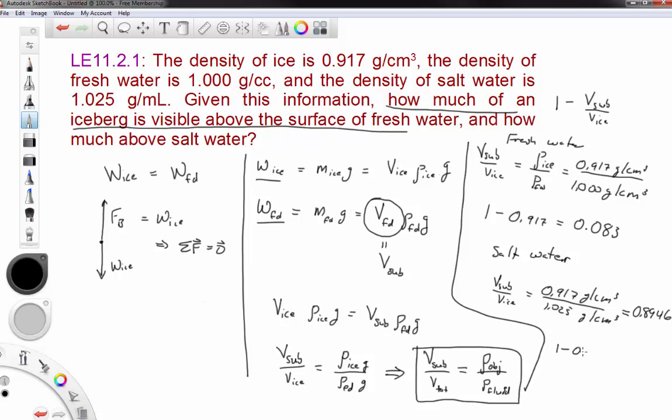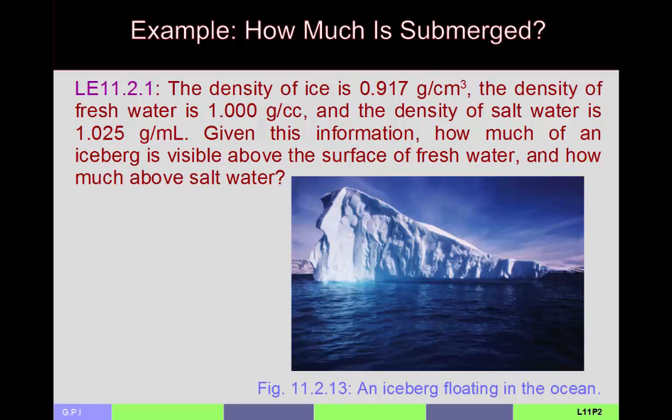And so 1 minus 0.8946 gives us just a little over 10%. Let's call it 0.105 because we only really have 3 significant figures. So about 10.5% of the iceberg is above water in salt water, and about 8.3% is above water in fresh water. This certainly gives some context to the old expression, just the tip of the iceberg.